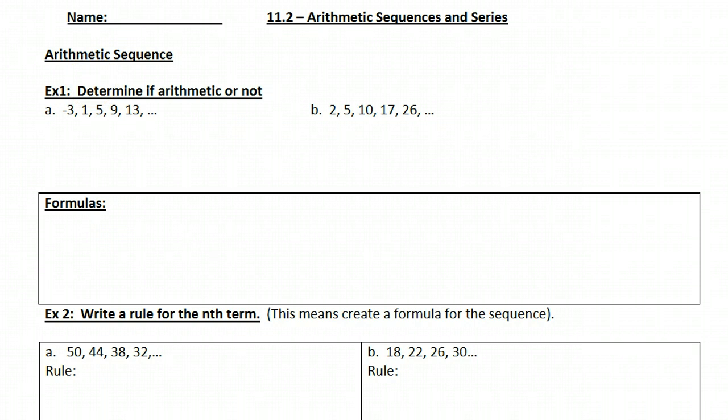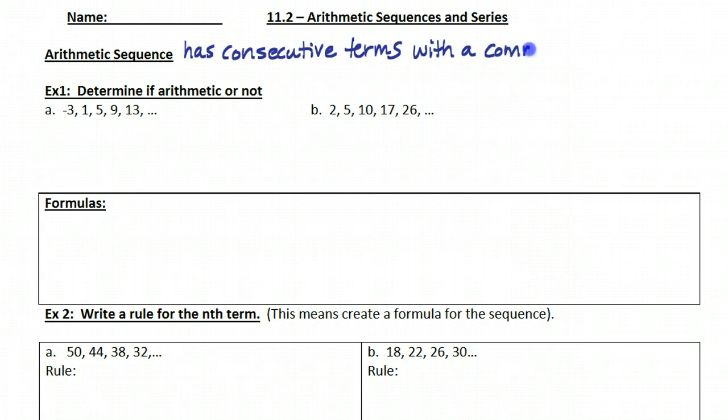Here's the official definition. An arithmetic sequence has consecutive terms. Remember, a term is just each number in the list. So it has consecutive terms with a common difference.